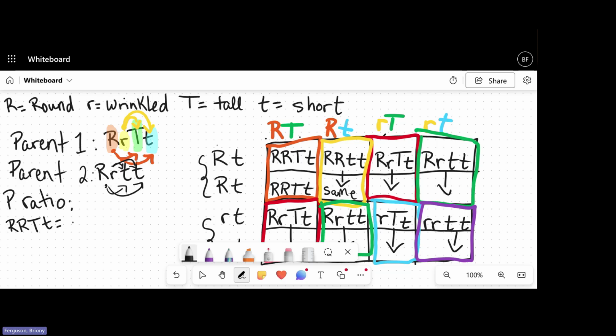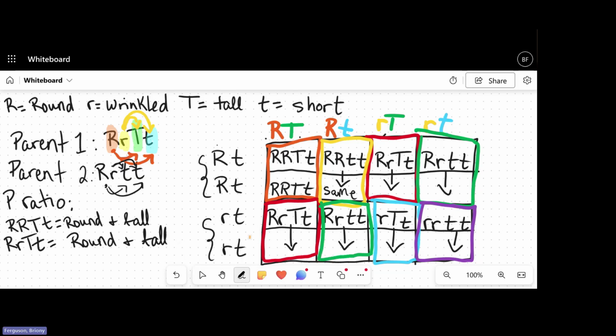So we know that this is going to be round and tall. But we also have these 4 that are heterozygous for both traits. They're also going to be round and tall. So what are we going to do? We're going to lump them together.